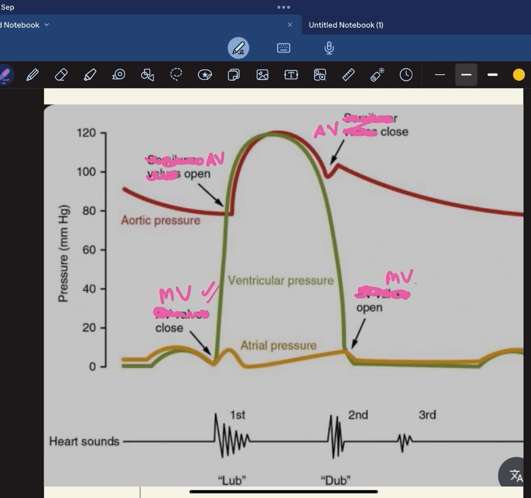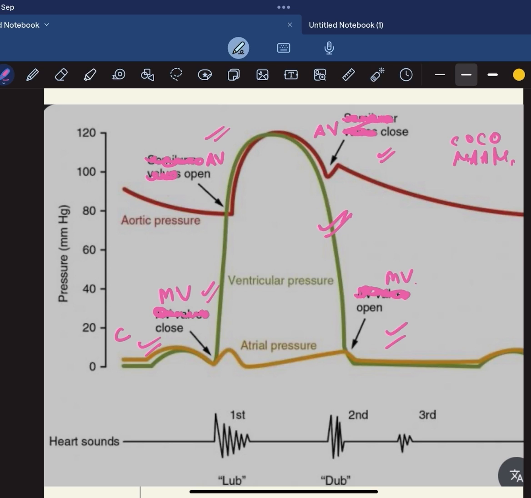Here also we have used the mnemonic COCO MAM. It starts with the closure of the mitral valve, then the aortic valve opens, then the aortic valve closes, then the mitral valve opens. Here, this graph is for the left ventricle.